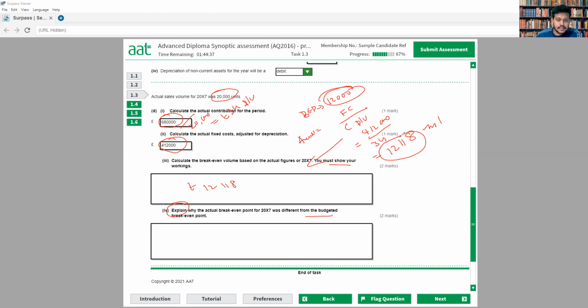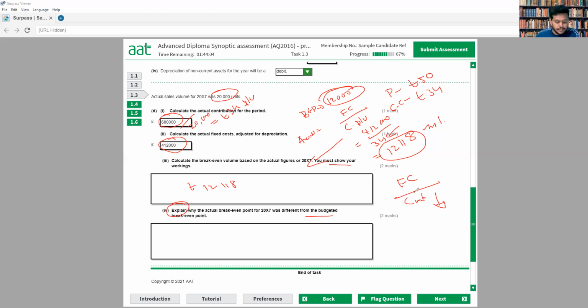Because you can see my previous contribution was 50 per unit. And the current contribution is 34. So obviously, if my contribution goes down, the formula is fixed cost divide contribution per unit. So if the contribution goes down, I have to sell more unit because my profit is going down. So I have to sell more unit to break even. So no profit, no loss.